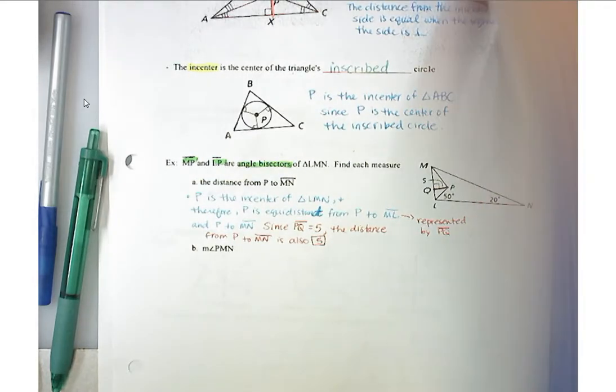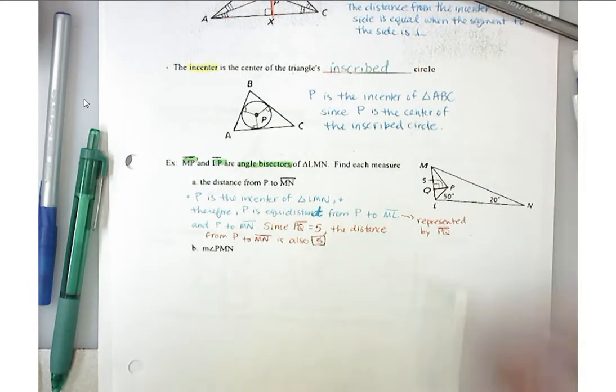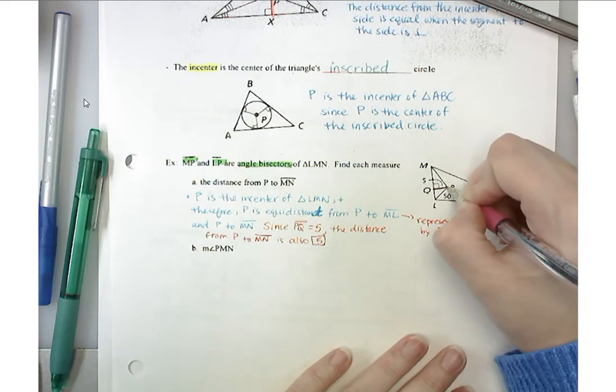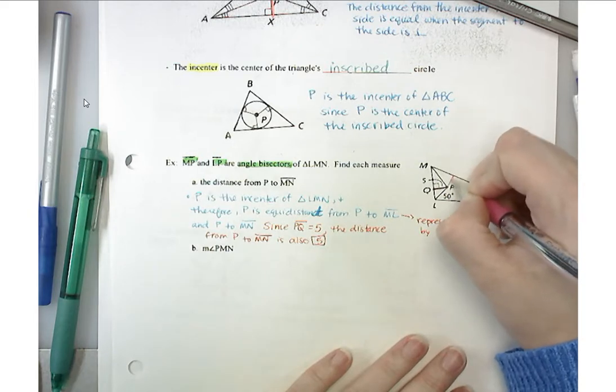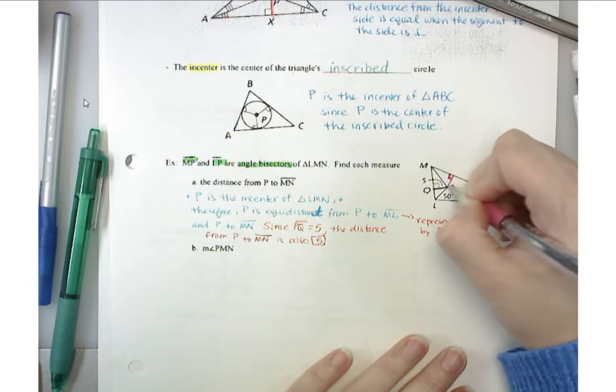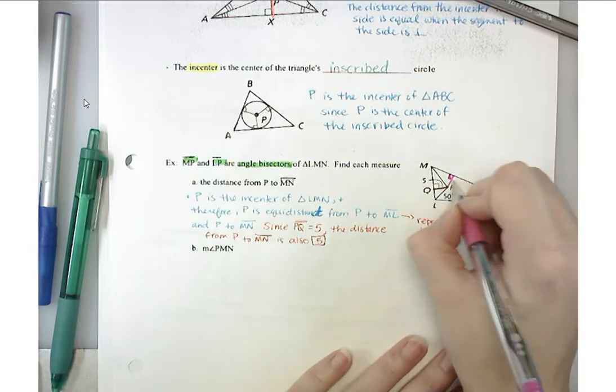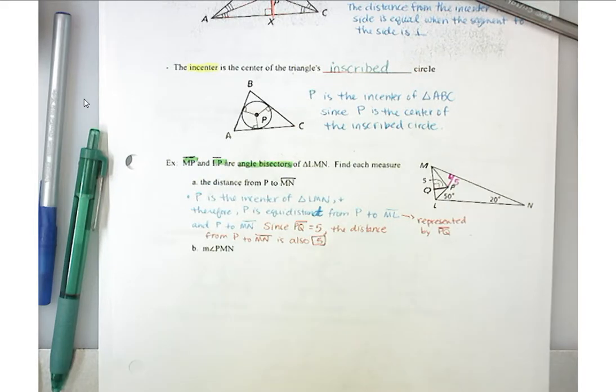So again, you don't have to draw that in. If you wanted to, you could. This would be your perpendicular segment, and if this is 5, then this would be 5 as well. It doesn't have to be labeled on there for you to find that length.